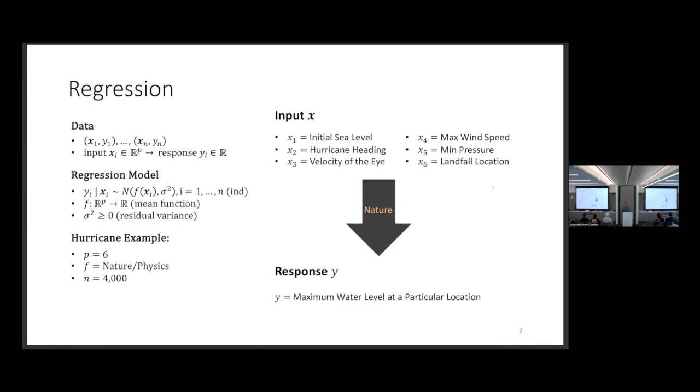All of this is just plugged into the simulation model. The response that we were looking at was the maximum water level at a particular location. Of course, you could look at this response across various locations and have maybe a spatial model or even a spatiotemporal model, but we were just looking at this univariate response.